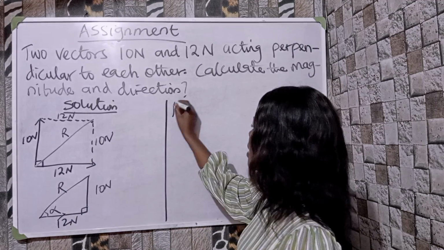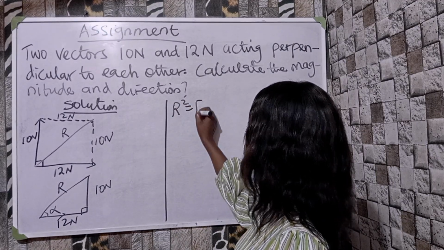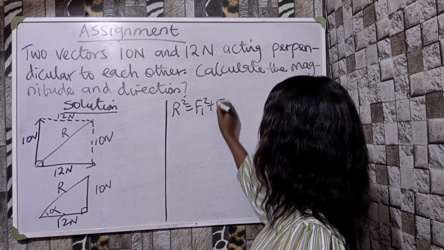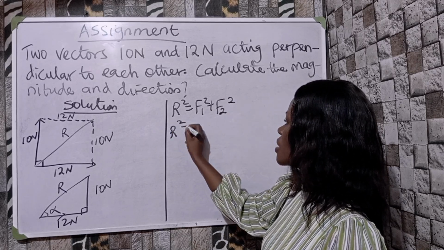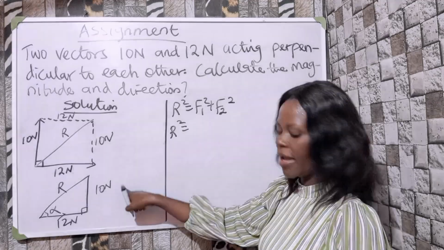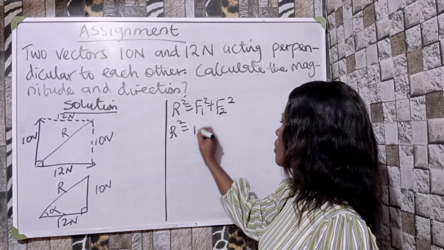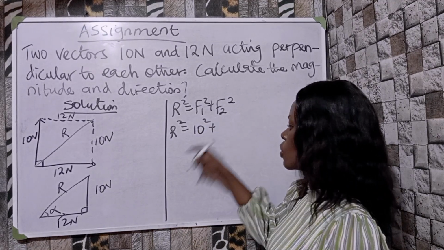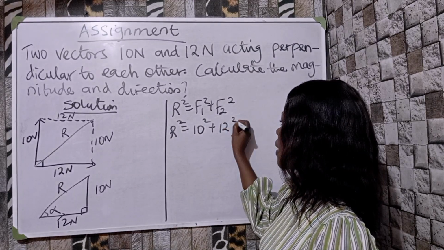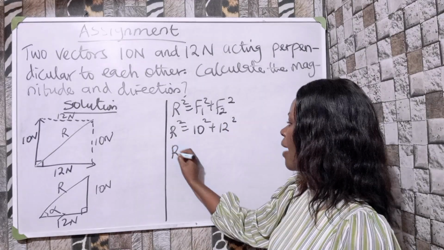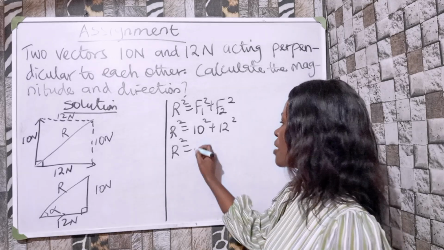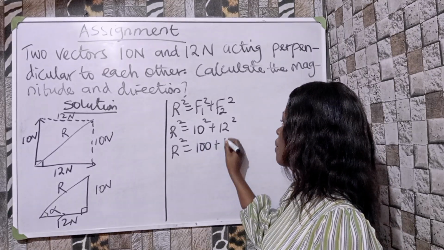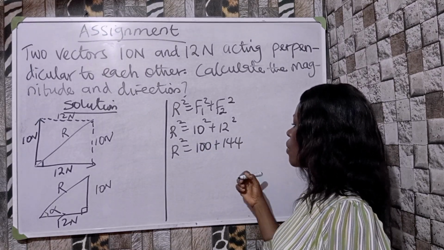So I'm going to say R square is equal to F1 square plus F2 square. What is my F1? My F1 is 10. I will say 10 square plus 12 square. So my R square is equal to 10 square, which gives me 100, plus 144.